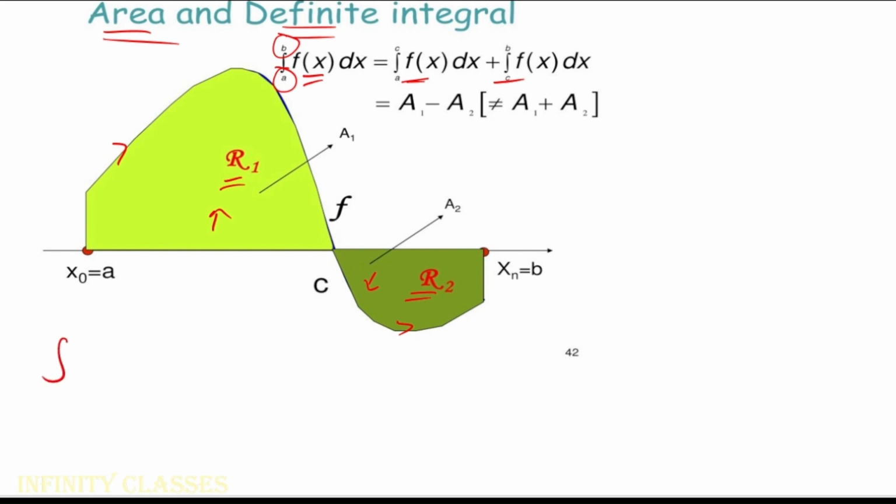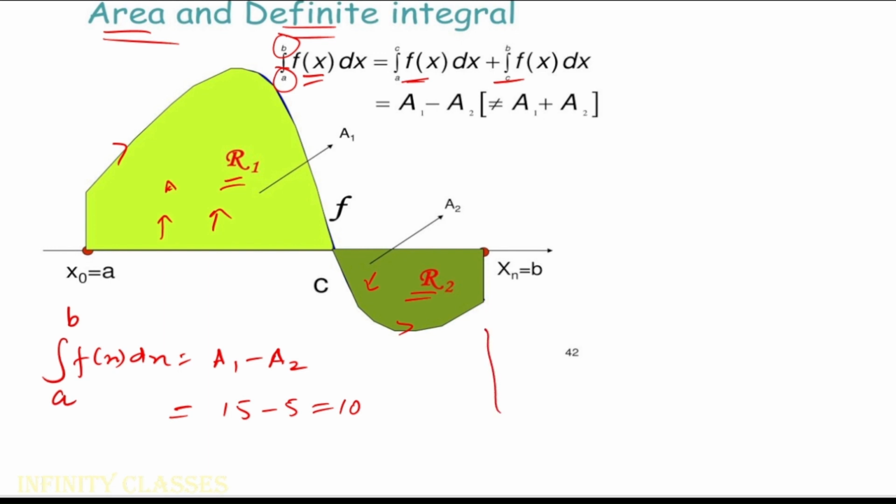Suppose I want to find the integral from a to b of f(x) dx. It will give us the upper region area a1, and the lower region is minus a2. Suppose one is 15 area and this one is 5, so the integral is 10.